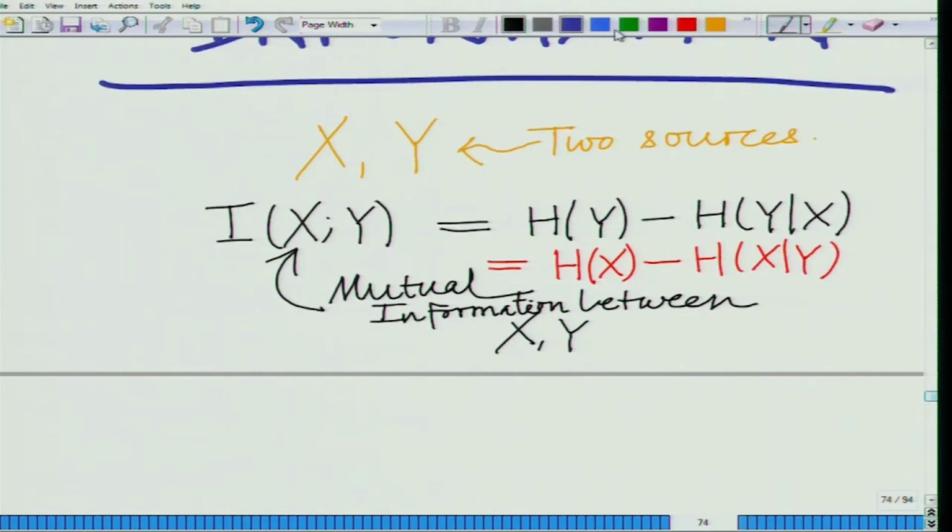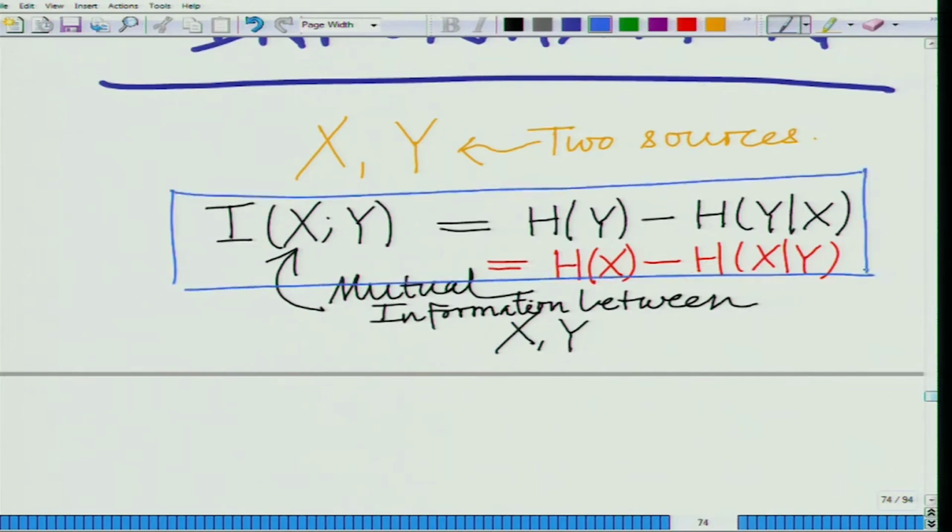This is the definition of this term, mutual information between x and y.